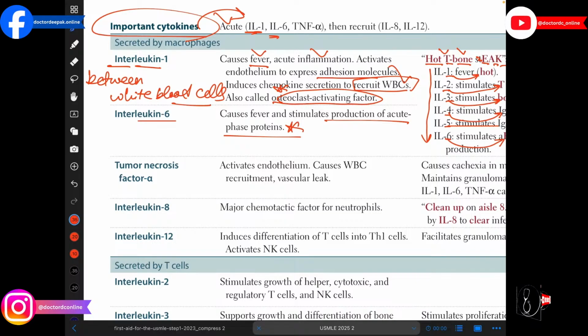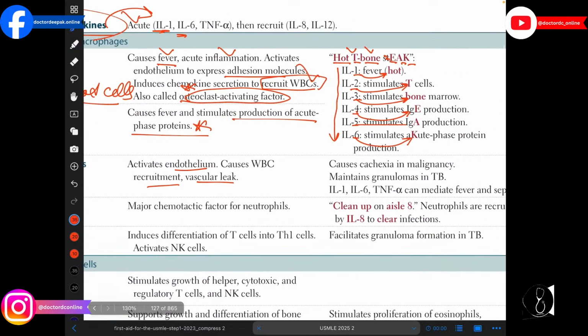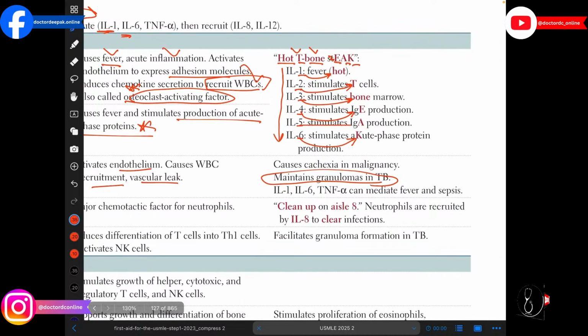Second, we have tumor necrosis factor alpha. Tumor necrosis factor alpha activates the endothelium and causes WBC recruitment and vascular leak. It causes cachexia in malignancy and maintenance of the granuloma in TB. Interleukin 1, interleukin 6, and TNF alpha can mediate fever and sepsis.